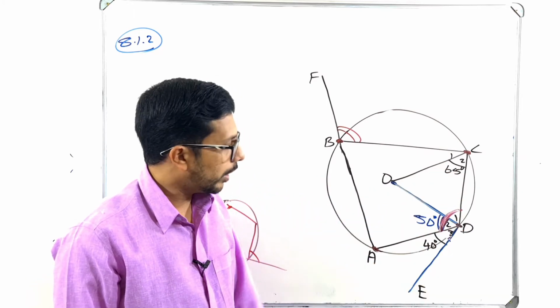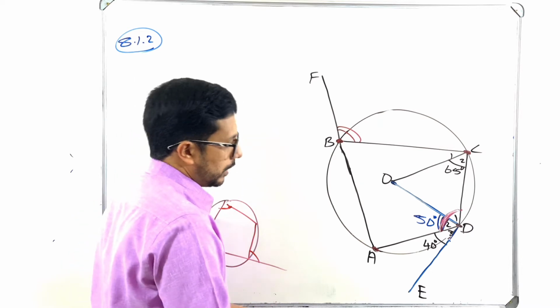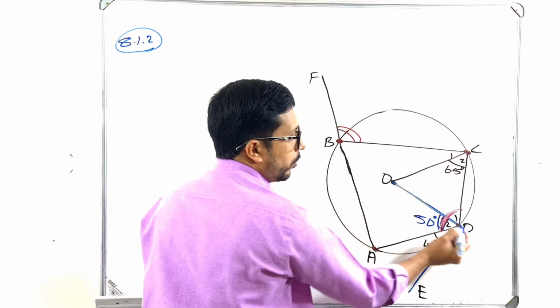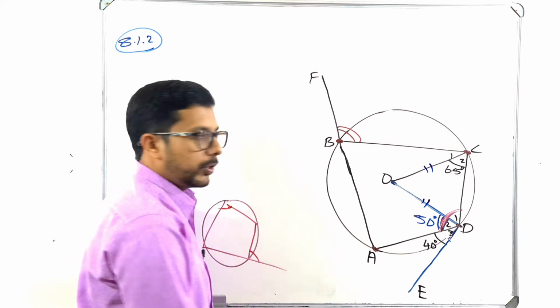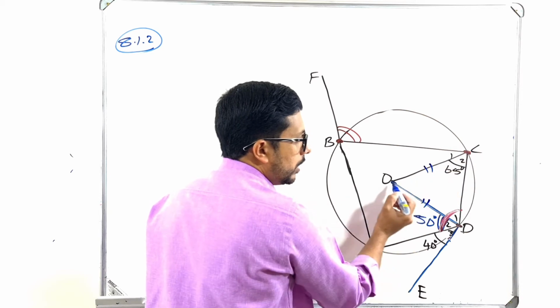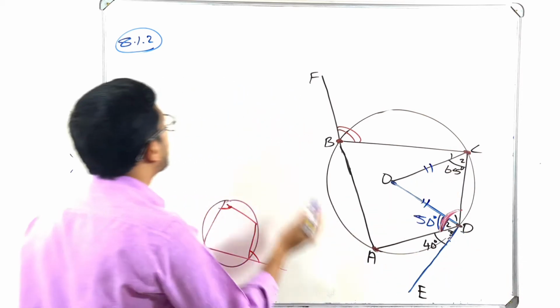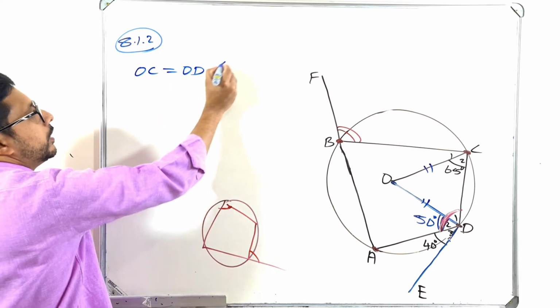So how can you find D1? Look at this line OC and OD. These two lines are equal. Can you say why? Because they are radii of the same circle. So let me write that first: OC is equal to OD. What is the reason?